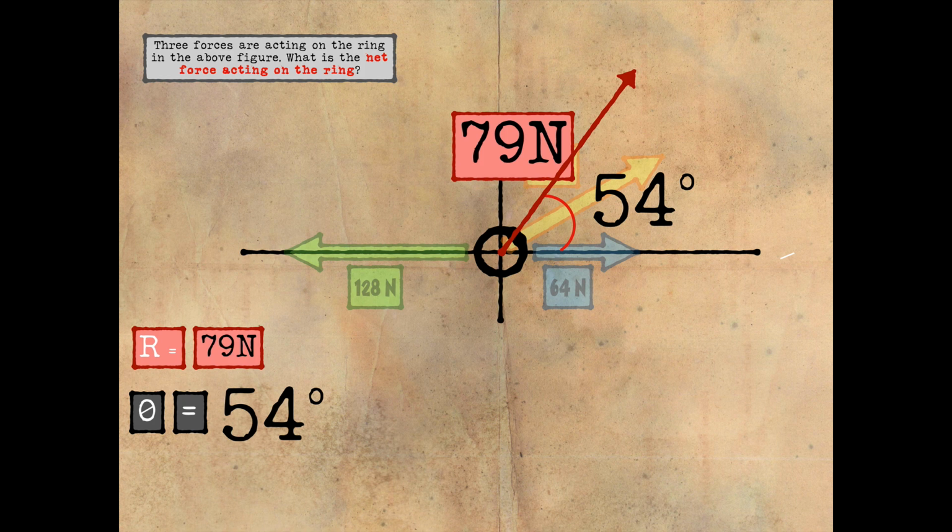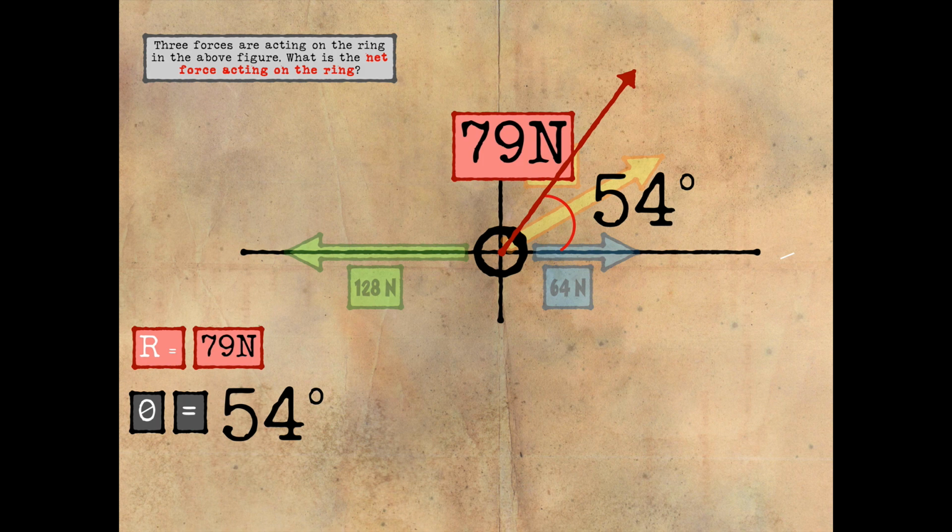So who's winning? It looks to me that I guess you can say the yellow is winning, or maybe the yellow and blue. Now this makes sense because if you consider the right side of the graph, you have the yellow and the blue. The yellow is pulling at 128 newtons, the blue is pulling at 64, and then the green is counteracting both of those at 128 newtons to the left.